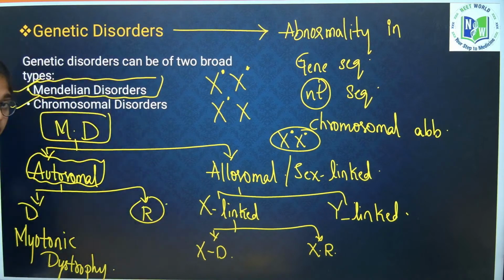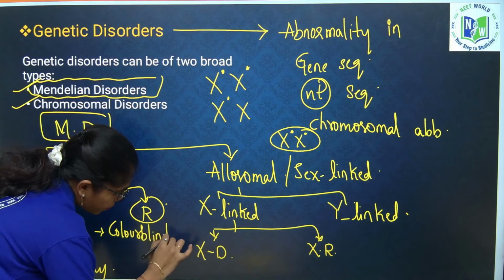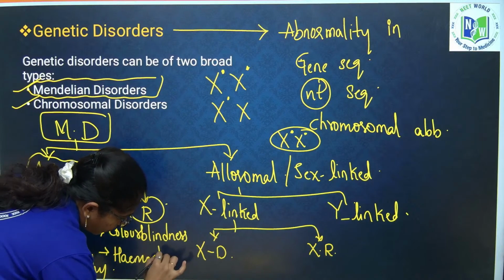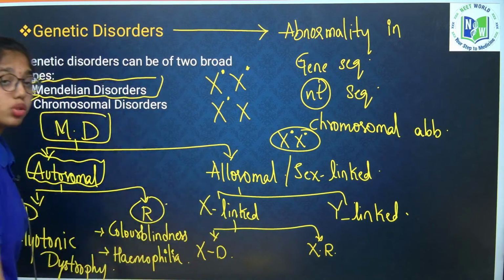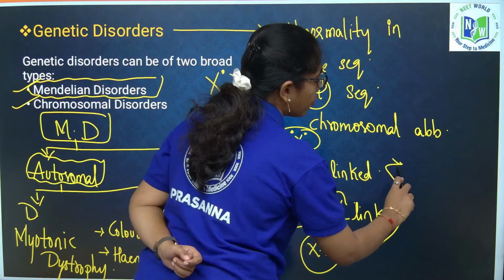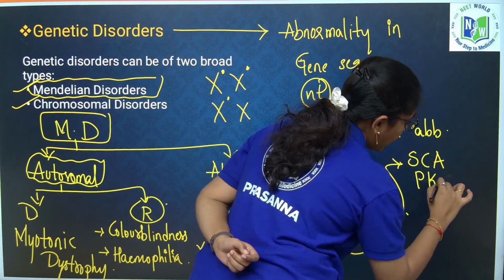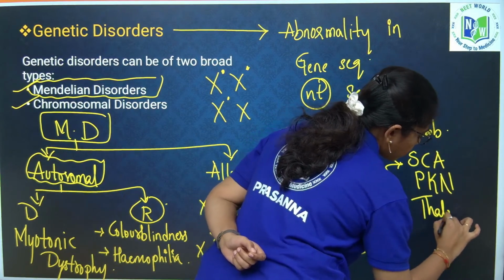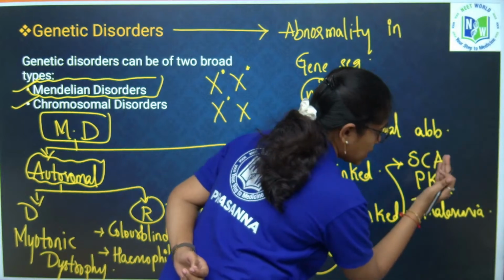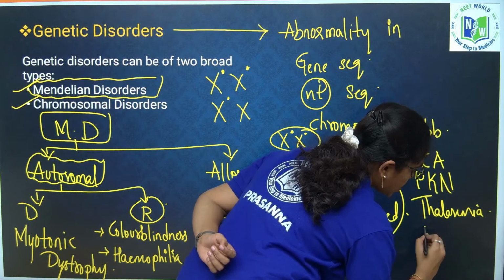From autosomal recessive, we need to learn about sickle cell anemia, phenylketonuria, thalassemia and cystic fibrosis.